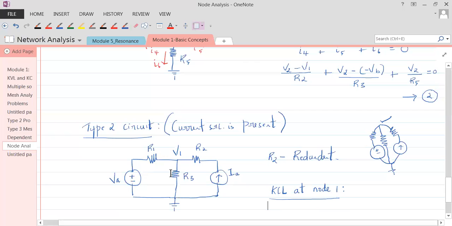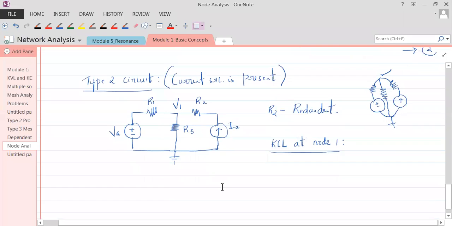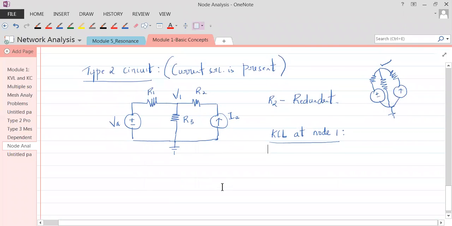This is one branch, this is the other branch, this is the third branch. How many entering currents and how many leaving currents can you tell me now? 2 leaving, 1 entering. So sum of 2 leaving currents should be equal to the entering currents.